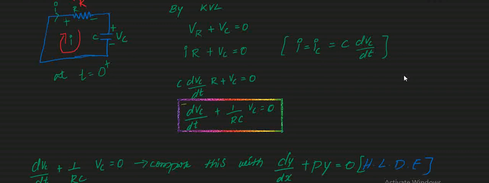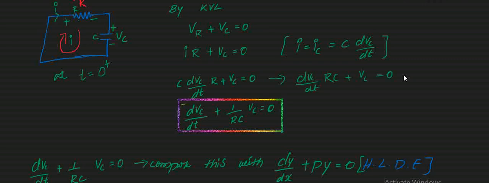From this we get dVc by dt into RC plus Vc equal to 0.